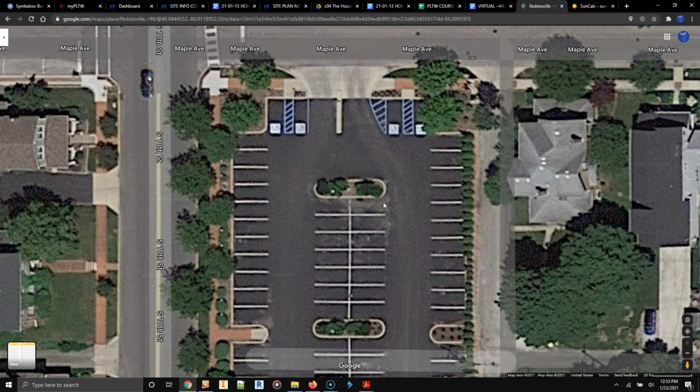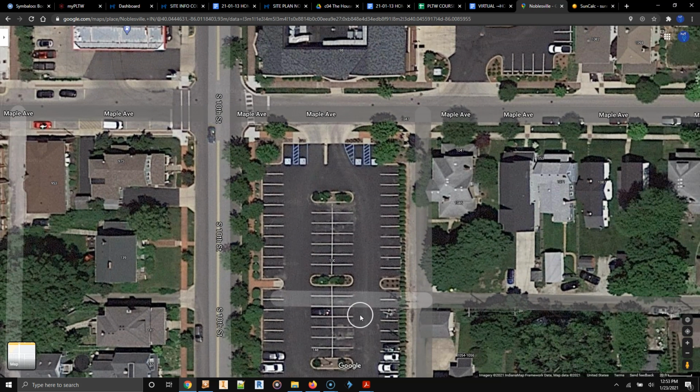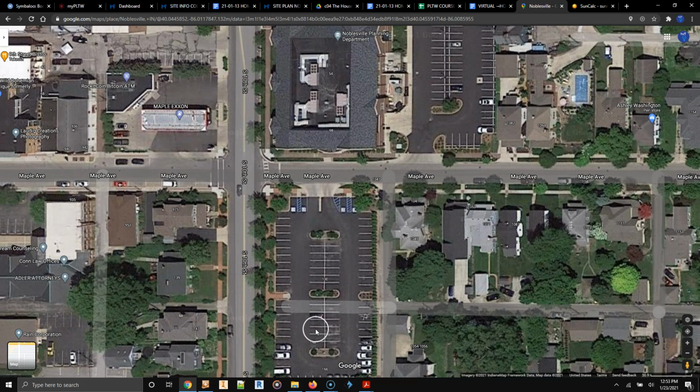Okay, you can see that it's currently a parking lot. When this assignment was written over 10 years ago, this was an empty lot, and now it's a parking lot. But if you look, our alleyway would be right here, so immediately south of us is going to still be a parking lot.